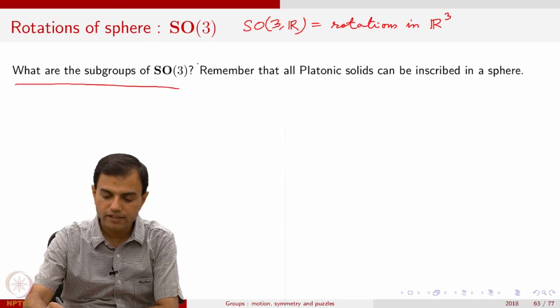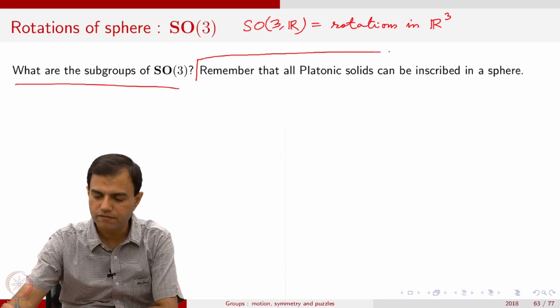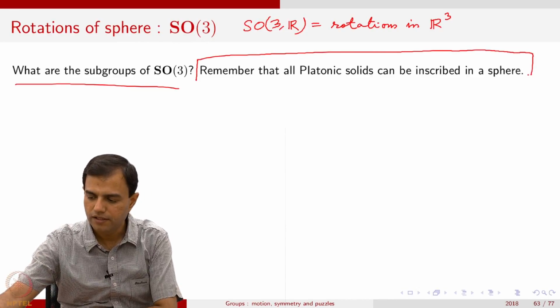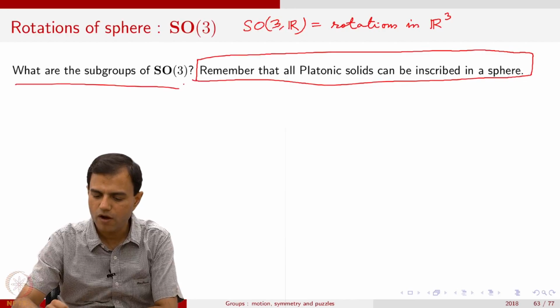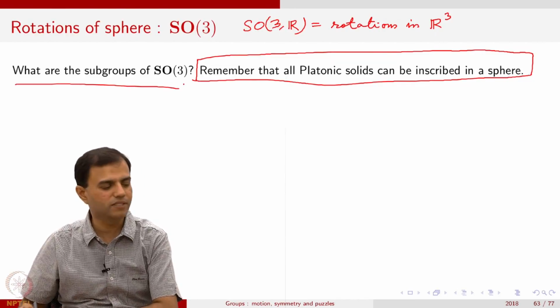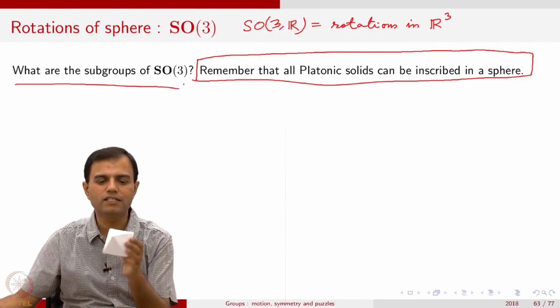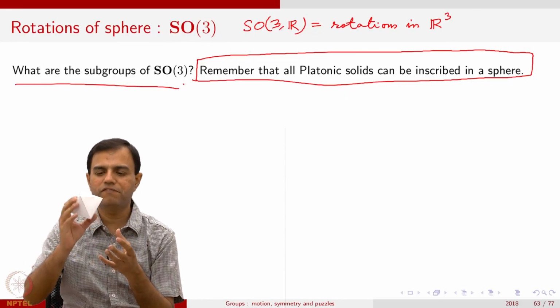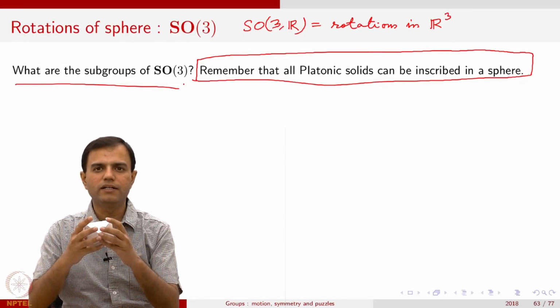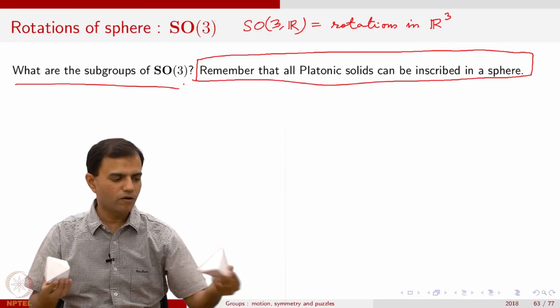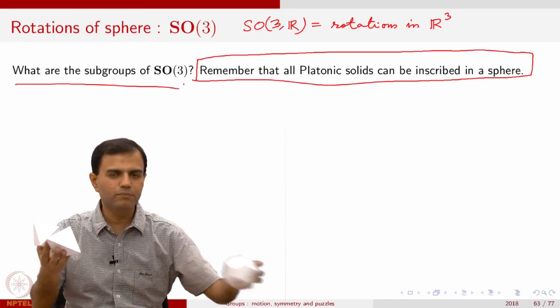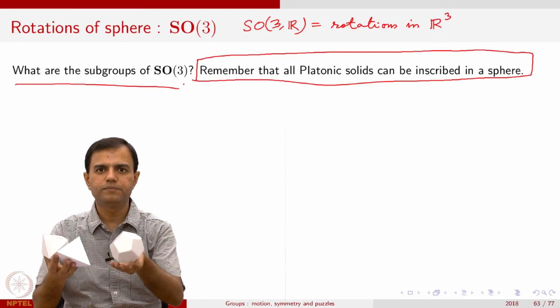And I had emphasized it towards the end of last lecture that all platonic solids can be inscribed in a sphere. Everything is perfectly symmetric, so I can perfectly put them inside a sphere. All of them, I can put them inside the sphere.